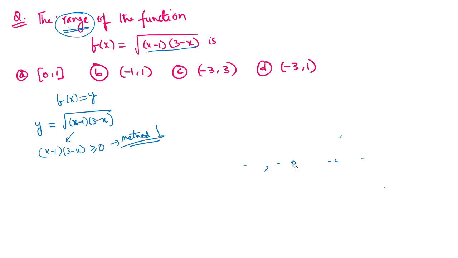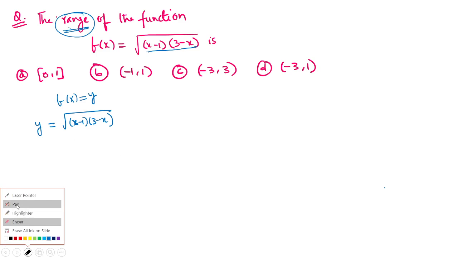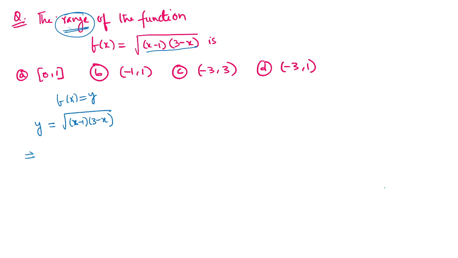Let's see the second method. So if you take the square, we have y square equal to x minus 1 times 3 minus x, right?